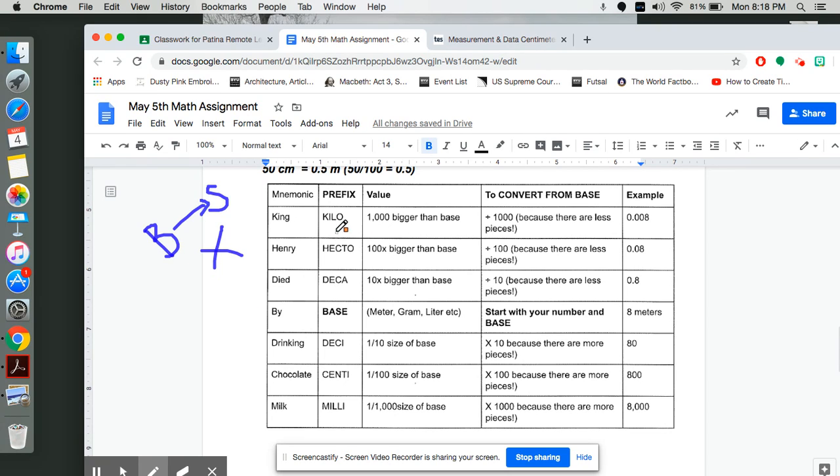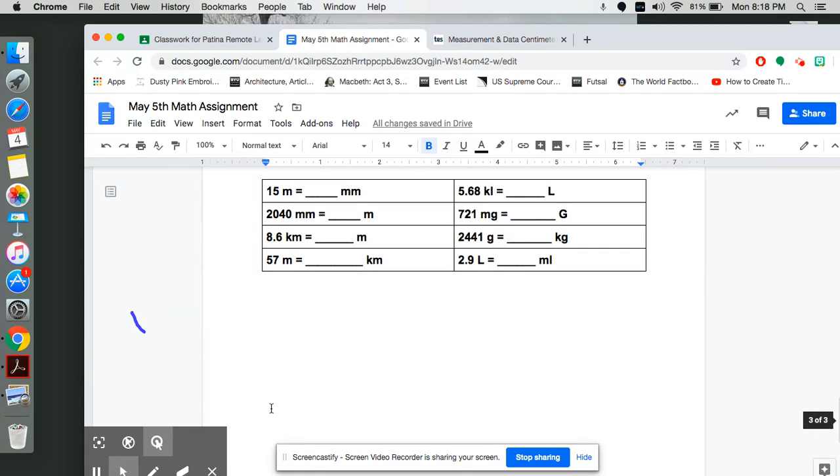And in this case, I go down 1, 2, 3 times, 10 to the third is 1,000. All right, so let's check that out down here. I'm doing 8.6 kilometers into meters. So I'm going to go 8.6 times 1,000.